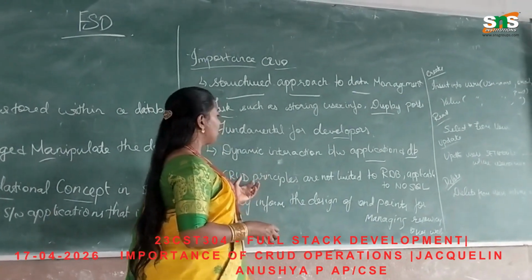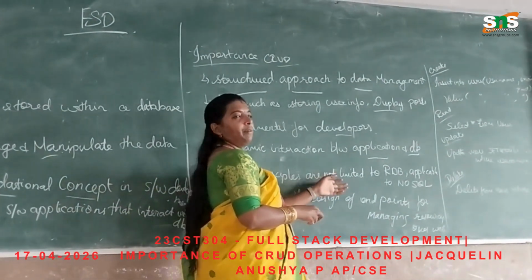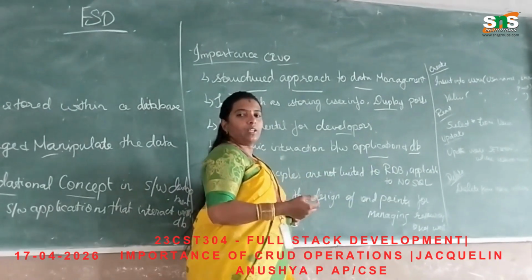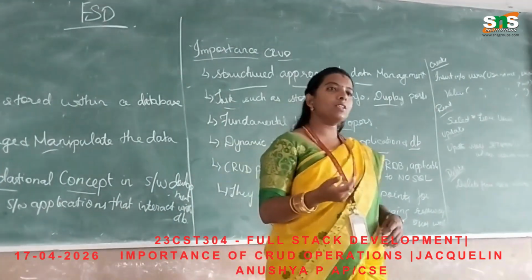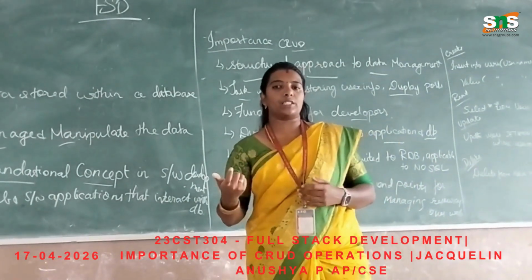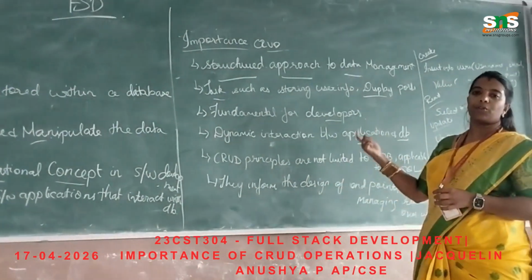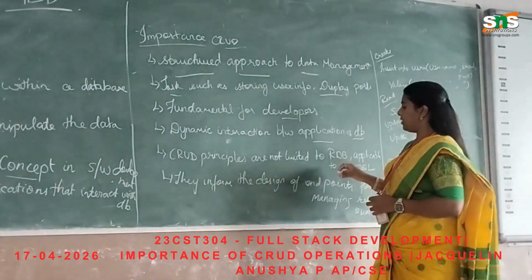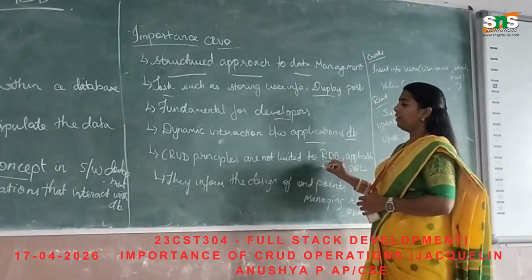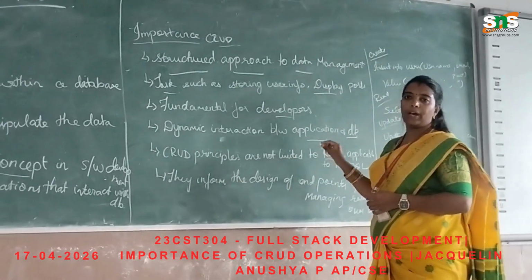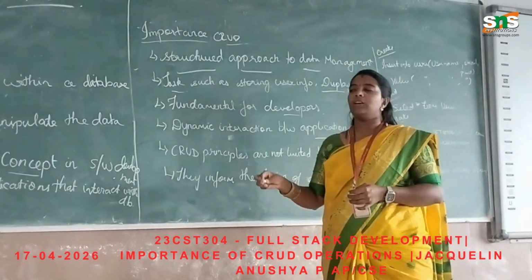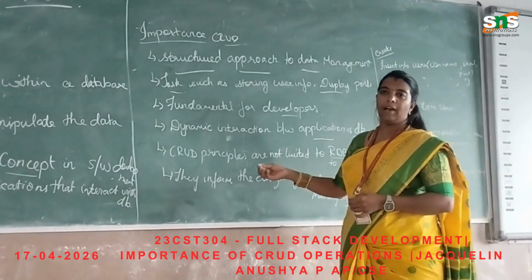Next are the CRUD principles, which are not limited to relational databases. It can be a relational database, or it can be NoSQL also. SQL has a proper pattern of tables, rows and columns, but we can also take a database where it is not so strictly related.